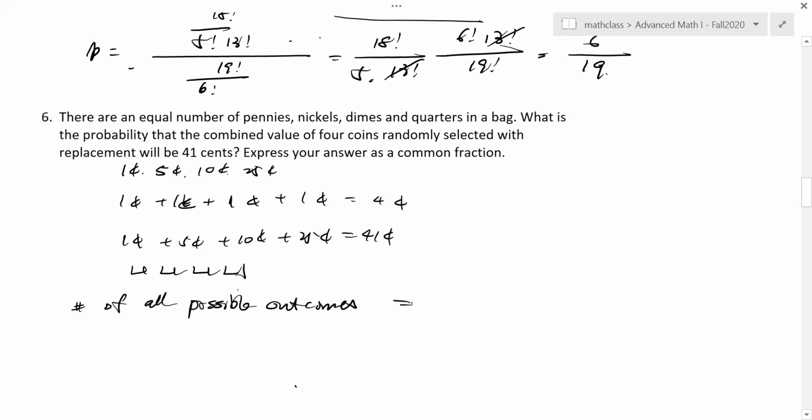I think for the first box, you have 4 choices. For the second box, you have 4 choices. For the third box, 4 choices. For the fourth one, you have 4 choices, because you can repeatedly pick the same number from the group 1, 5, 10, 25. So 4 choices, 4 choices, 4 choices, 4 choices. This is the total number of outcomes.